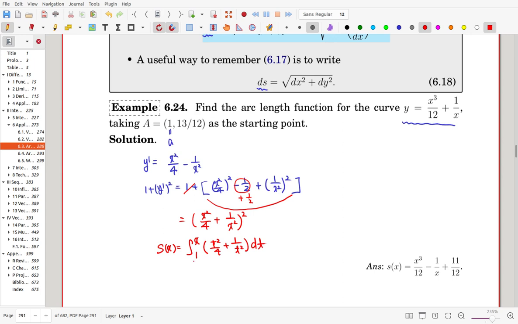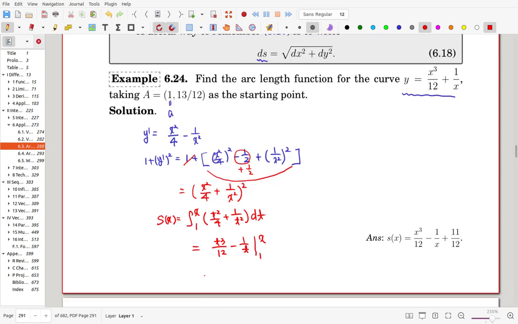Right? Okay, so we have t cubed over 12 minus 1 over t, from 1 to x.